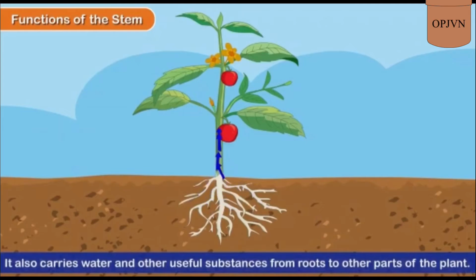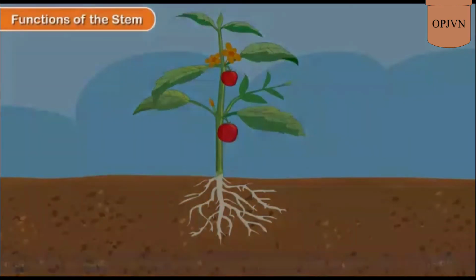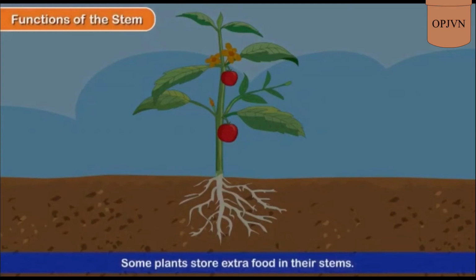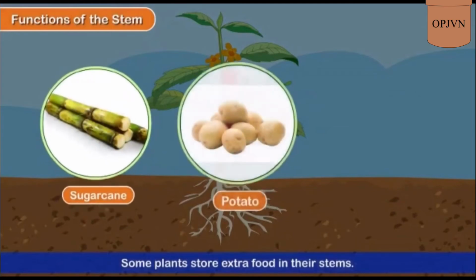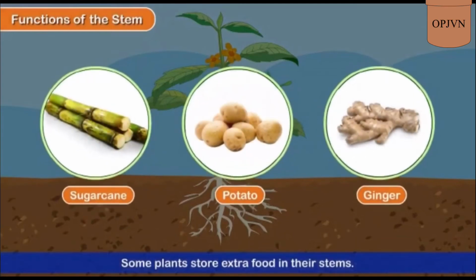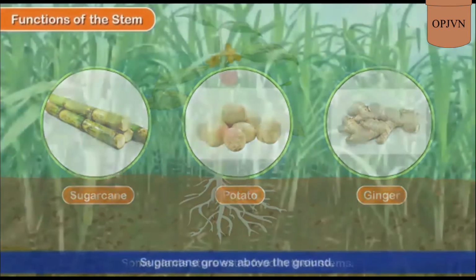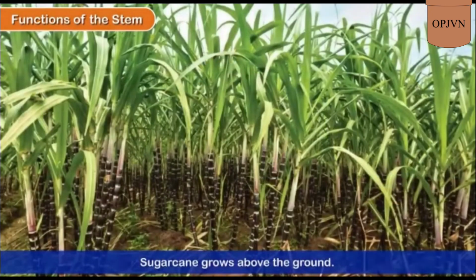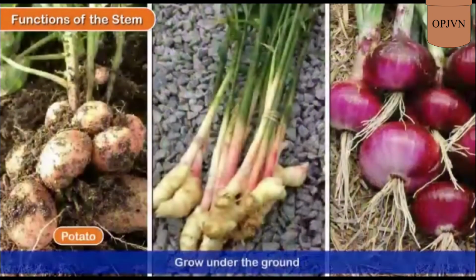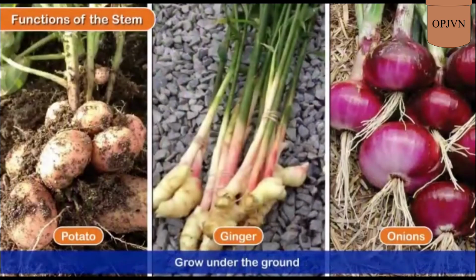It also carries water and other useful substances from roots to other parts of the plant. Some plants like sugarcane, potato, ginger store extra food in their stems, while sugarcane grows above the ground. Potato, ginger, onion grow under the ground.